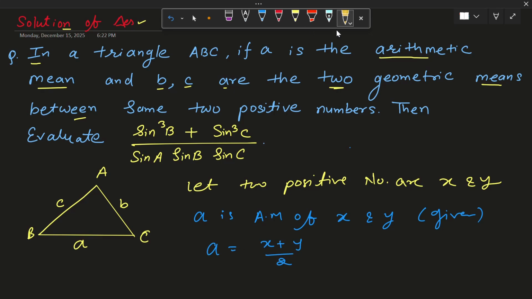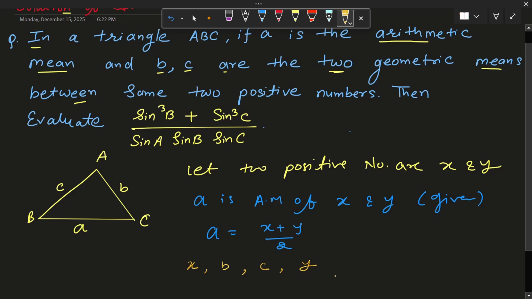On the same side, B and C are the two geometric means. Means if x is your first term, then B is your second term, C is your third term, and the last y is your last term. Understood?